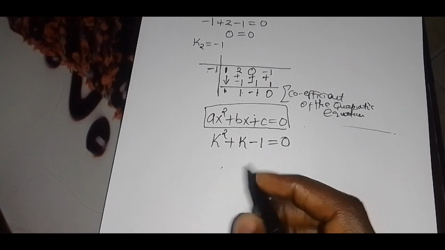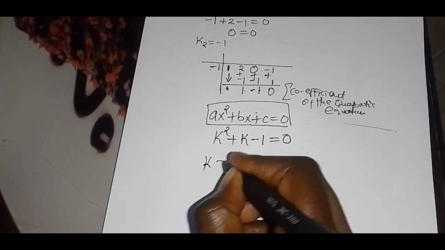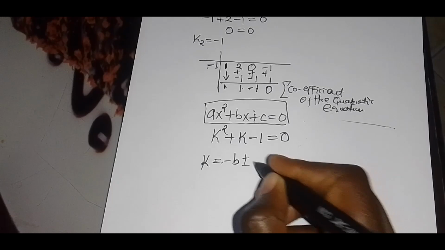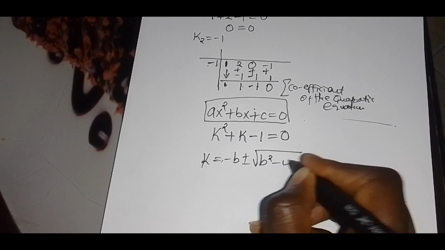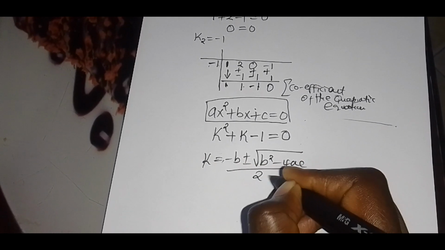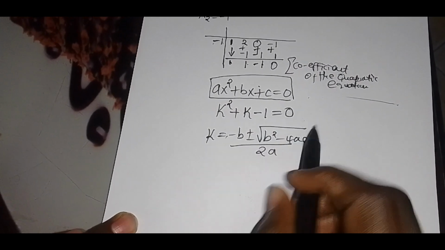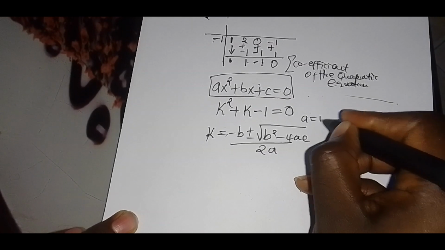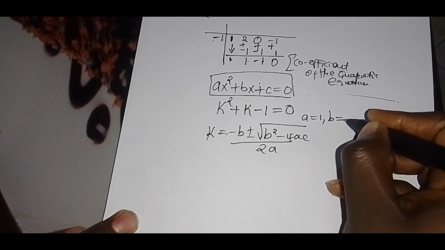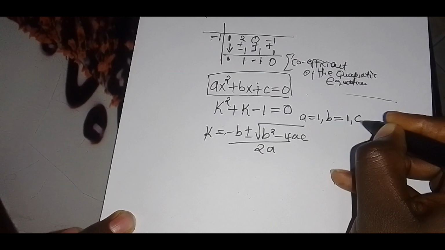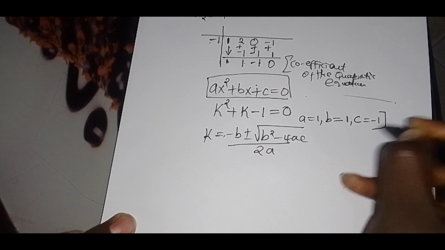Now applying the quadratic formula, we'll have k is equal to minus b plus or minus the square root of b squared minus 4ac, divided by 2a. From our quadratic equation, a is equal to 1, b is equal to 1, and our constant c is equal to -1.